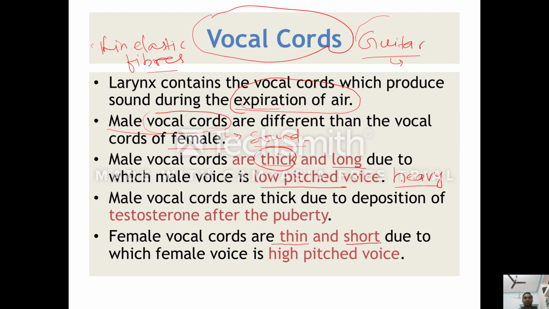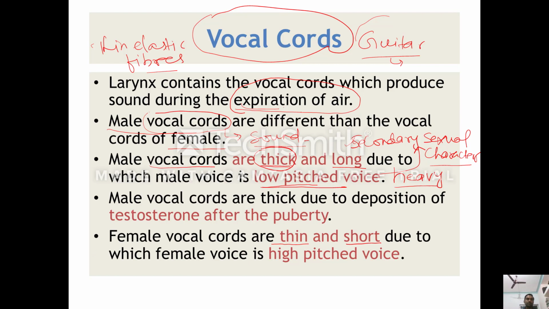So there is a difference between male and female voice, and it is mainly due to the vocal cords. Because male vocal cords are thick, the male voice is low pitched. It is also one of the secondary sexual characters in males, like the Adam's apple.